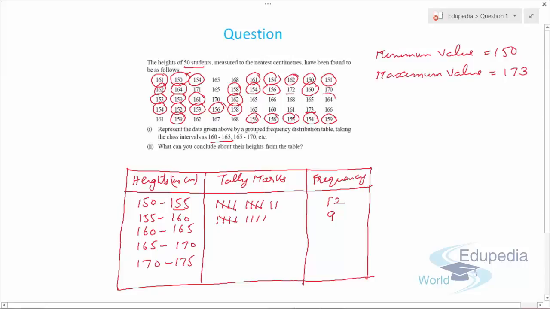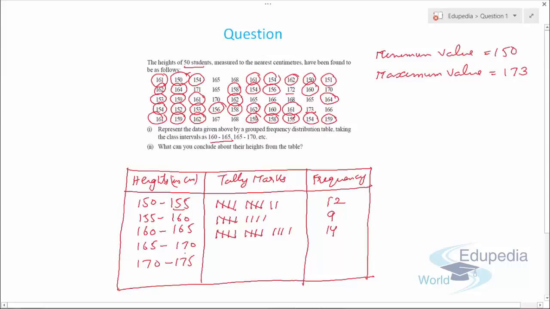Then we have 9, 10, 11, 12, 13, and 14. So we have 14 values, and we need to draw 14 tally marks: 1, 2, 3, 4, 5, 1, 2, 3, 4, 5, 1, 2, 3, 4.